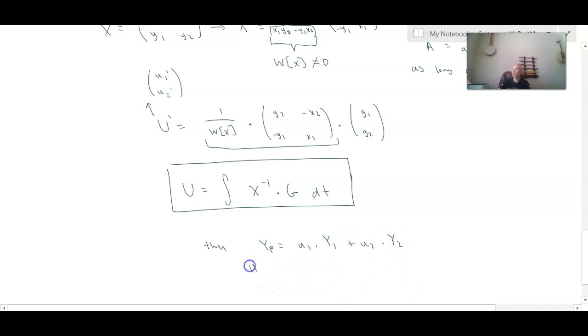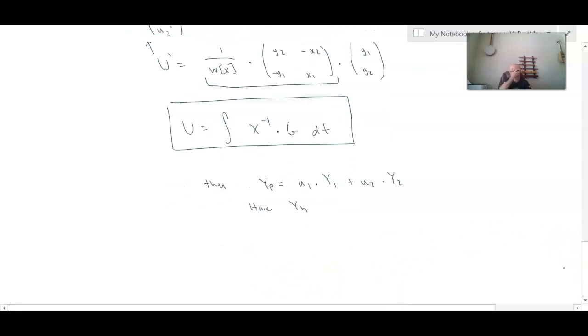We already have y sub h, and by the linearity principle, we know that the general solution of this system will be y equals the sum of the homogeneous and the particular. So that's what we need to do. We need to compute this U matrix, get those components, piece this all together, and then we will be done. So lots to unpack here, but again, the goal is just to have a good vision of how this stuff works, or at least have an intuition of how it all comes together.